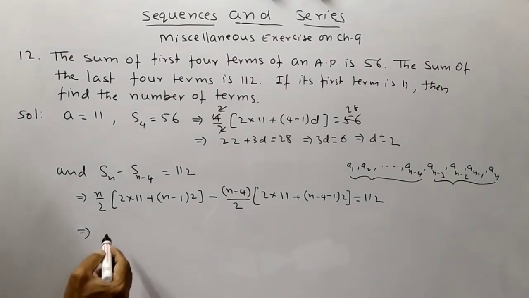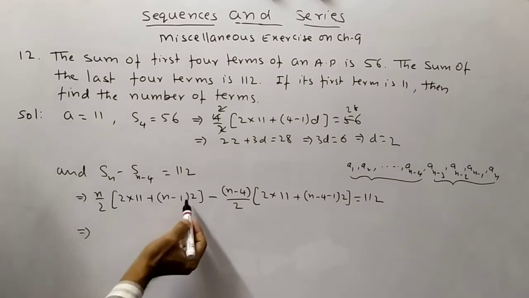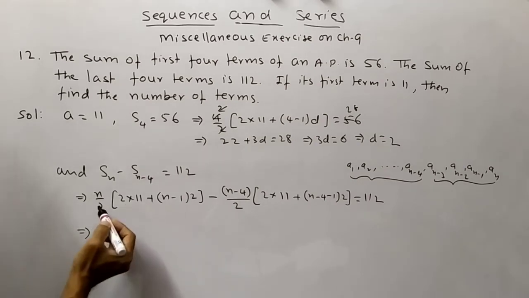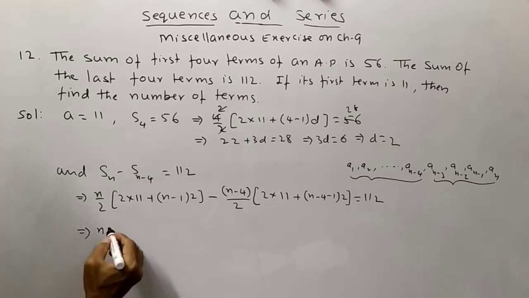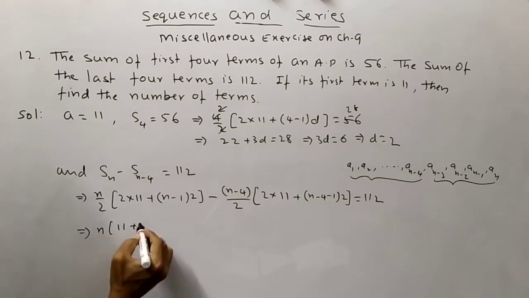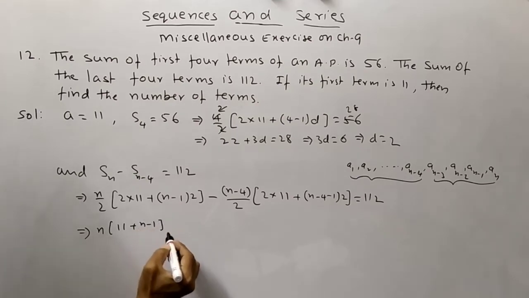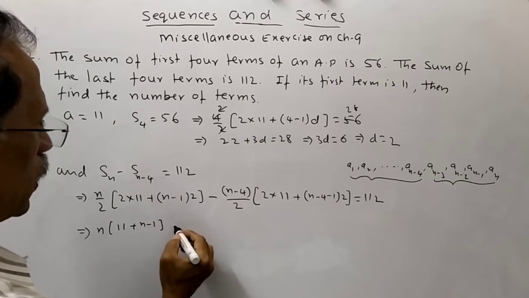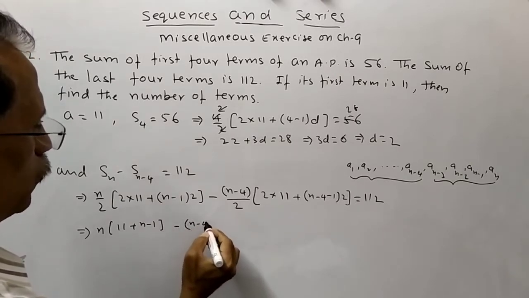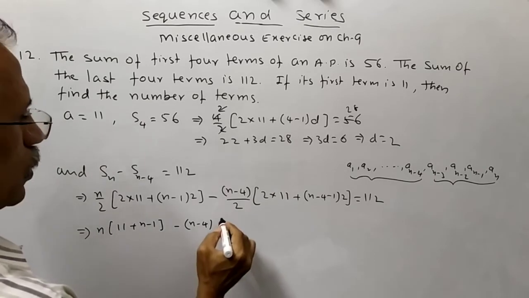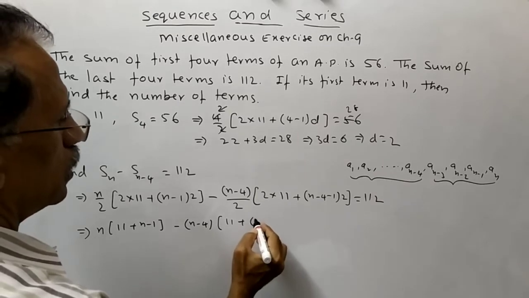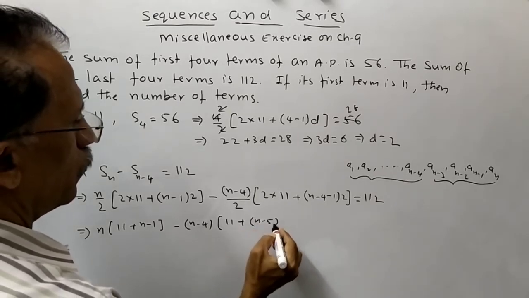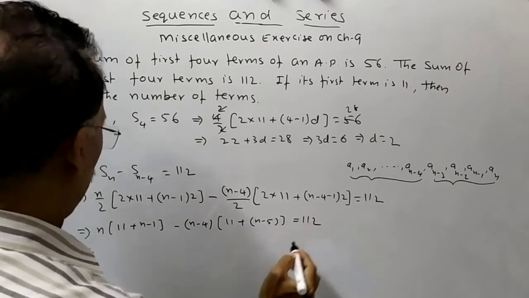Implies when you take 2 common from these 2 terms and cancel with this 2, then you will get n into 11 plus n minus 1. In the same way, here also n minus 4 into bracket 11 plus n minus 5 is equal to 112.